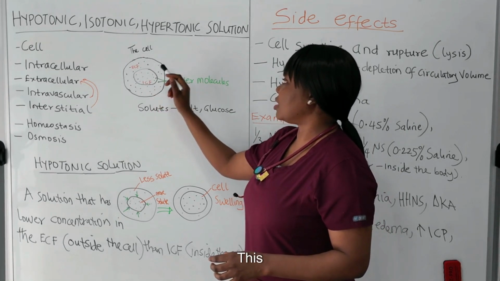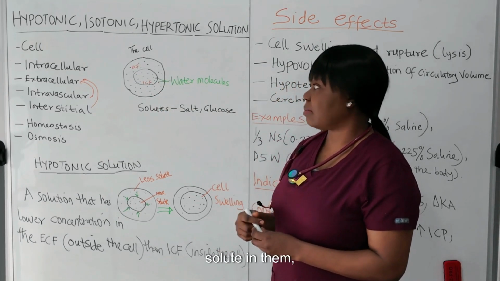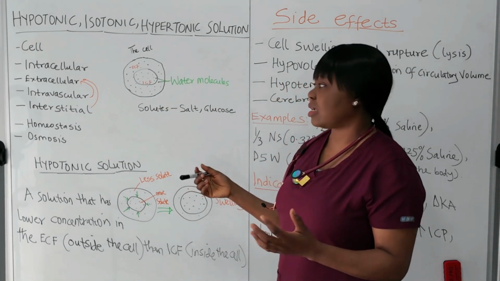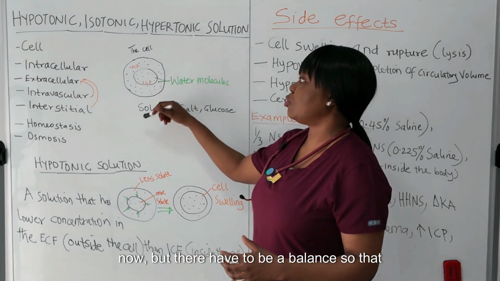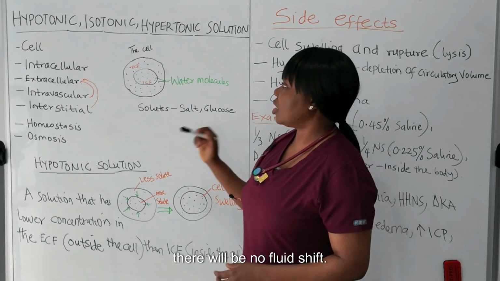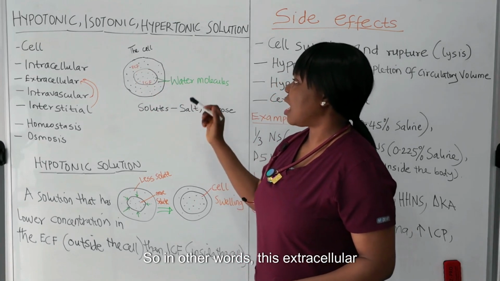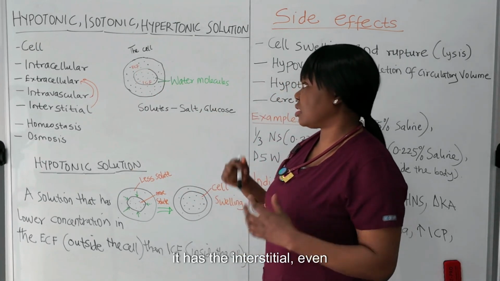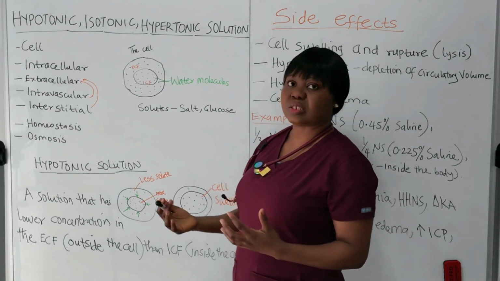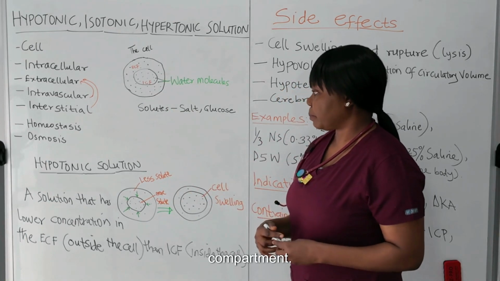This too has solute in it. It has electrolytes. But there has to be a balance so that there will be no fluid shift. In other words, this extracellular compartment has the intravascular, it has the interstitial, even transcellular. They are all part of the extracellular compartment.